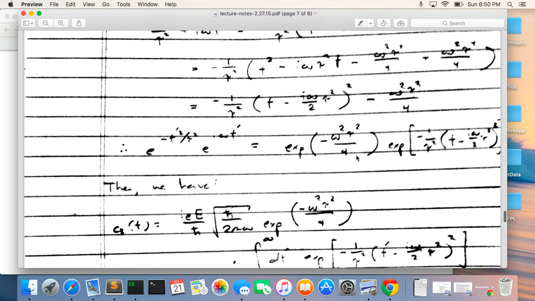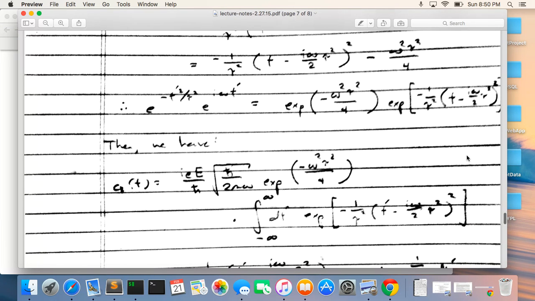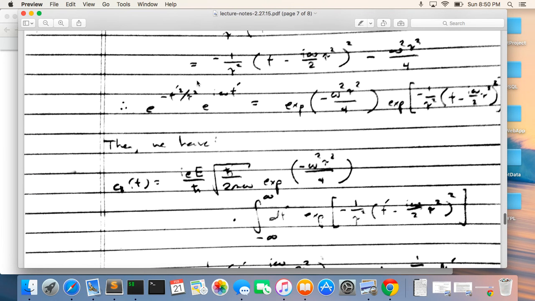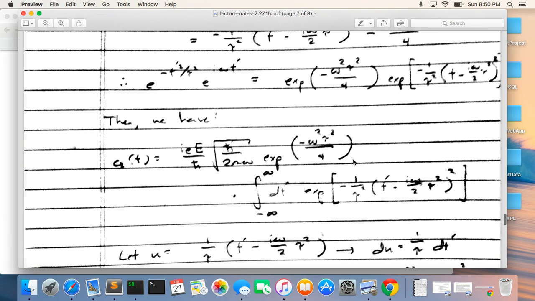So I get this times this stuff. When I go back and plug this into the integral, I get this exponential piece that comes out in front, and all I need to do is take the integral of this thing.